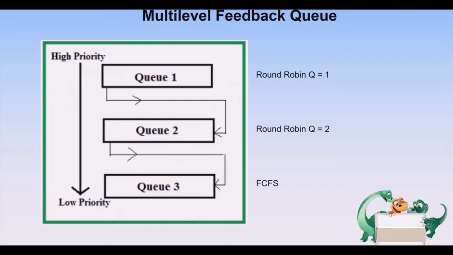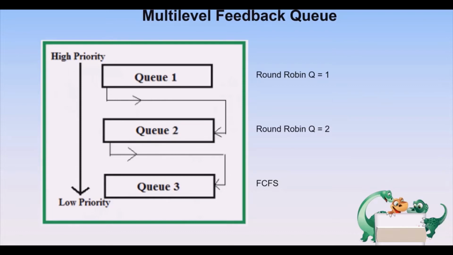Next, a process in a lower priority queue can only be executed when the higher priority queues are empty. That means we cannot start Q2 while there is still at least one process running on Q1. And we cannot execute Q3, which runs first come first serve, if there are processes currently being executed on Q2.